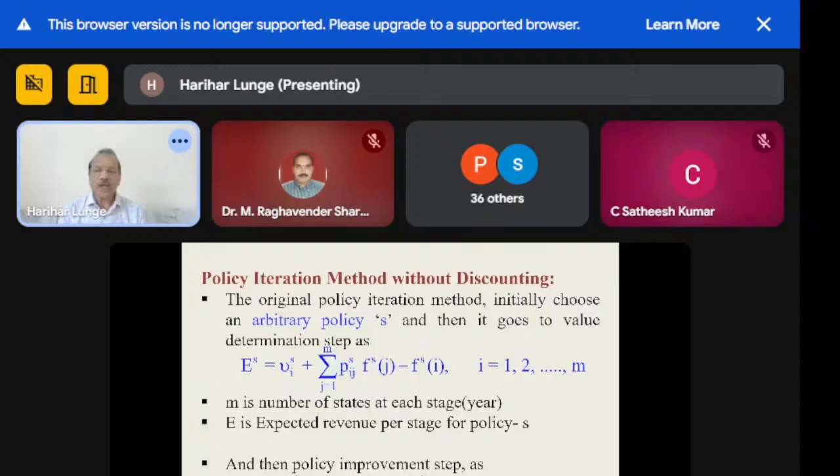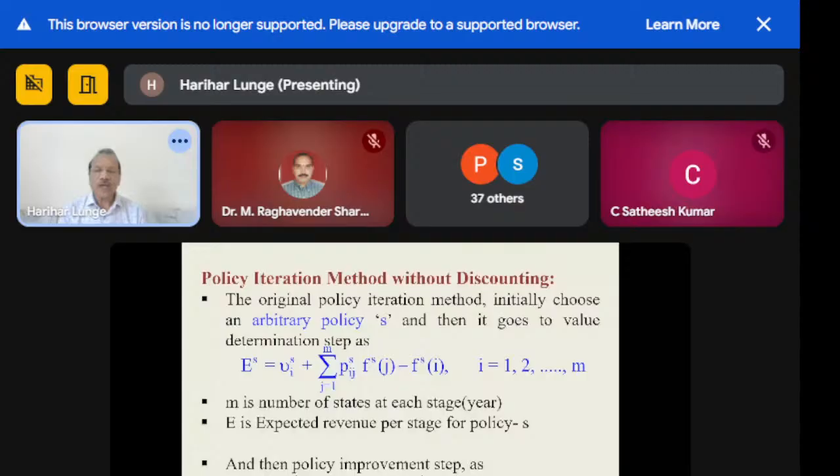Assuming F_M equals 0 and solving the equations in M unknowns, we have M equations and M unknowns, E_S, F_1, F_2, up to F_{M-1}. Solving the equations, we find E_S in the value determination step, and then go to the policy improvement step.